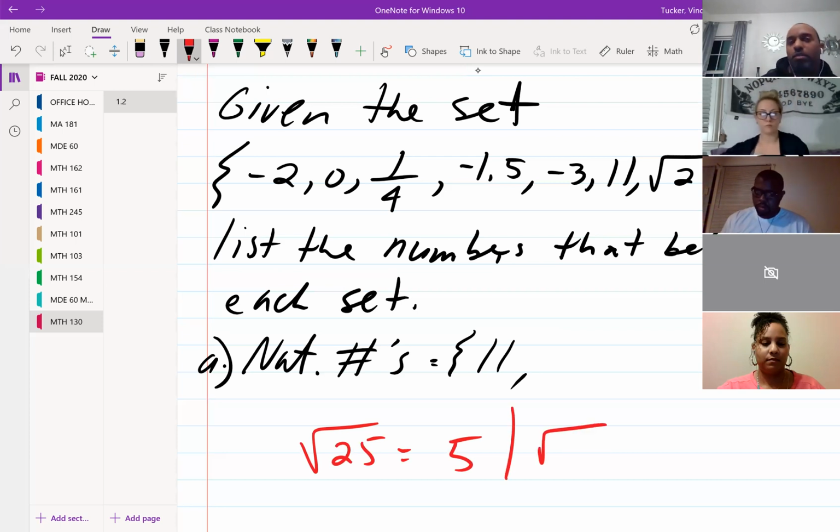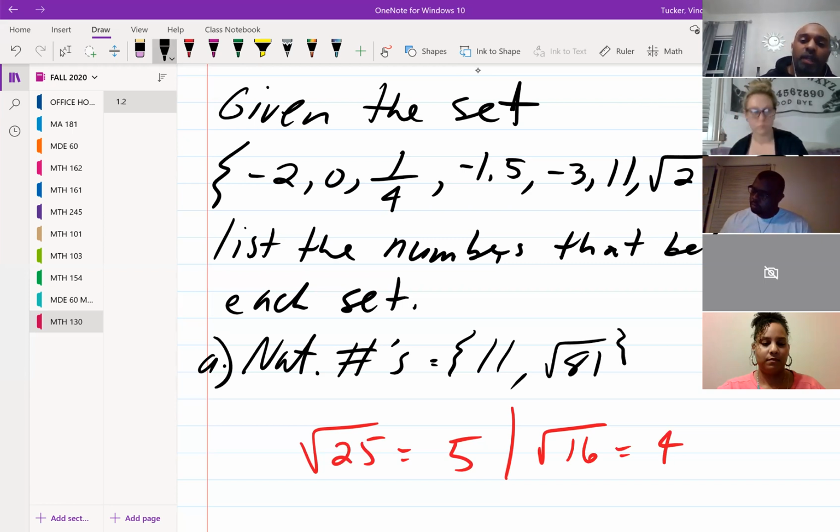Square root of 16 is 4, because 4 times 4 is 16. So I cannot take the square root of 2, because there's not a number that when you multiply it twice will give me 2. But I do have the square root of 81, which is 9. So actually the square root of 81 would be a natural number.